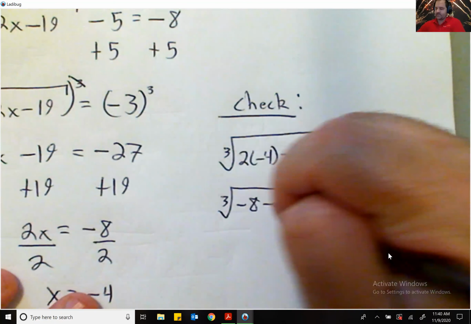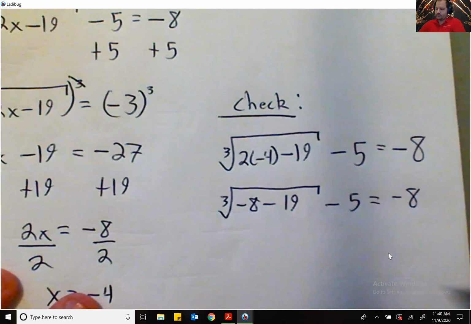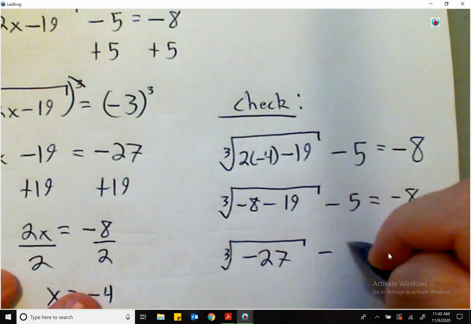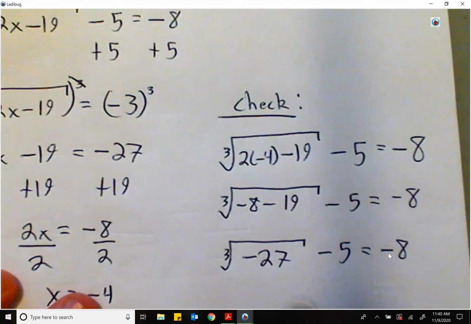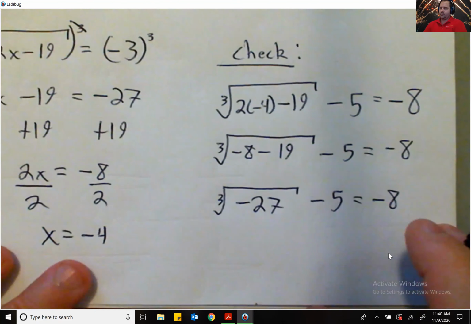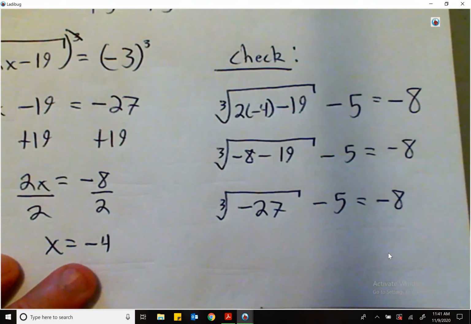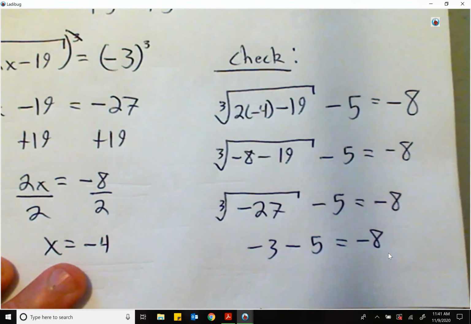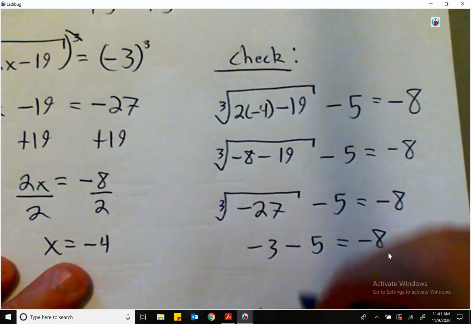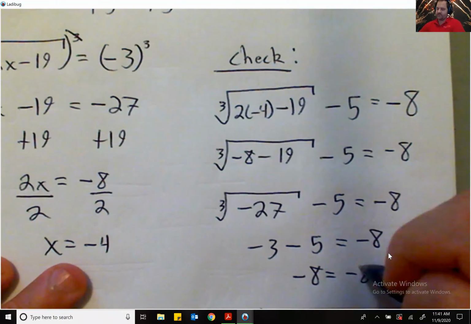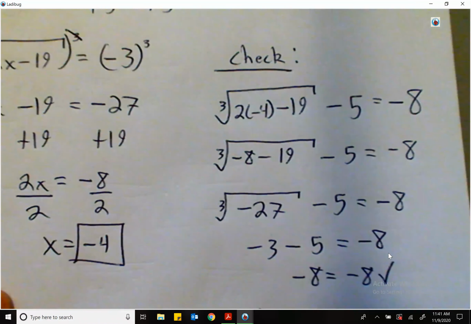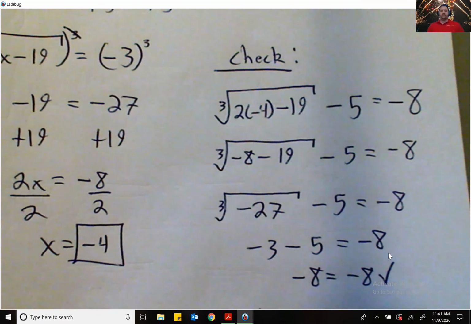And what's negative 8 minus 19? Negative 27. And what is the cube root of negative 27? Negative 3. So if I take negative 3 minus 5, will that give me negative 8? Yes. Negative 8 equals negative 8, so it checks out. So this answer of negative 4 is a-okay. Any questions on 18?